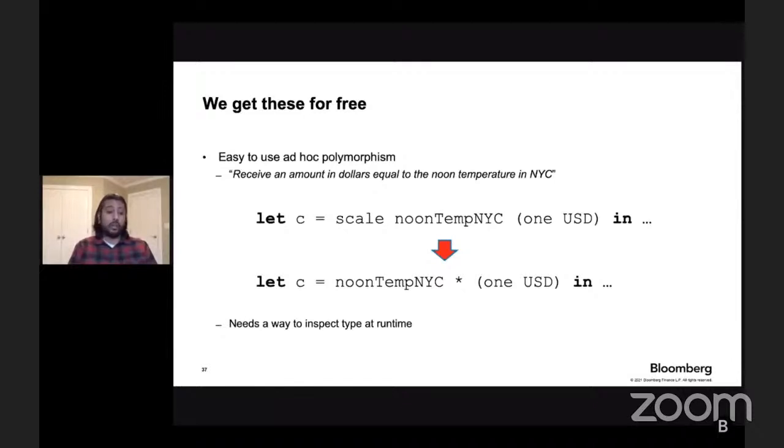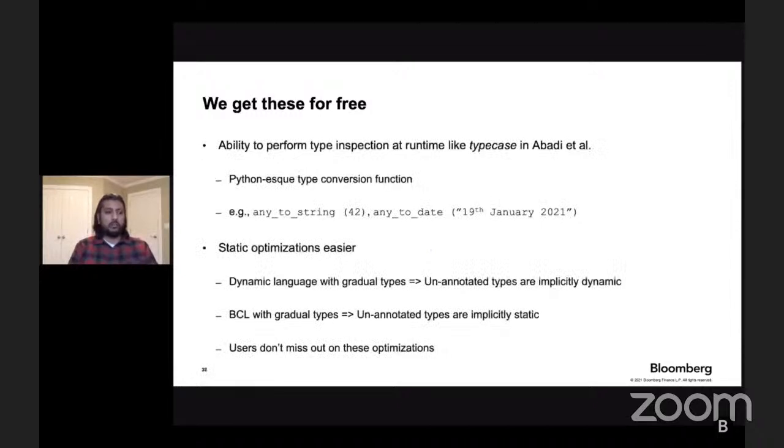Now, of course, it follows that we would need a way to inspect types at runtime, and more than a disadvantage, this sort of function would be a very good advantage, and it would help us provide more features that can help enhance how users write code.